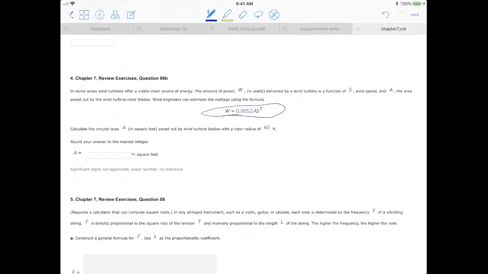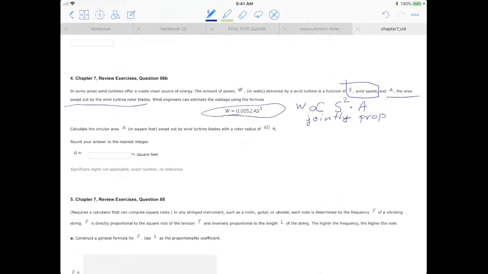We have that W is proportional to both S squared, the wind speed, and A, the area swept out by the turbine blades. So what do we call this? This would be jointly proportional.